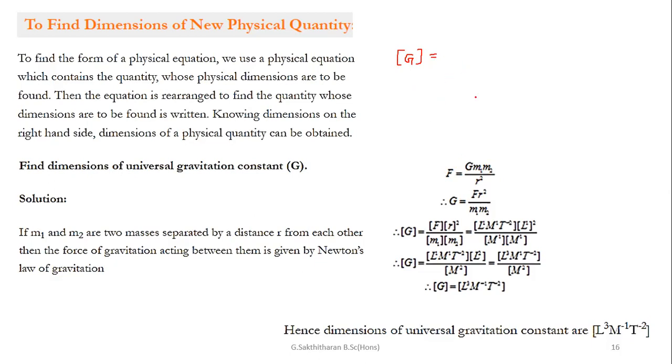So here, by cross multiplication, G equals F r squared over m1 m2, the dimensions of m1 and m2.